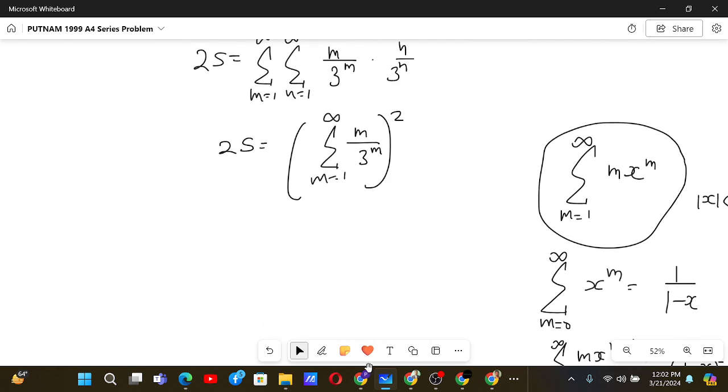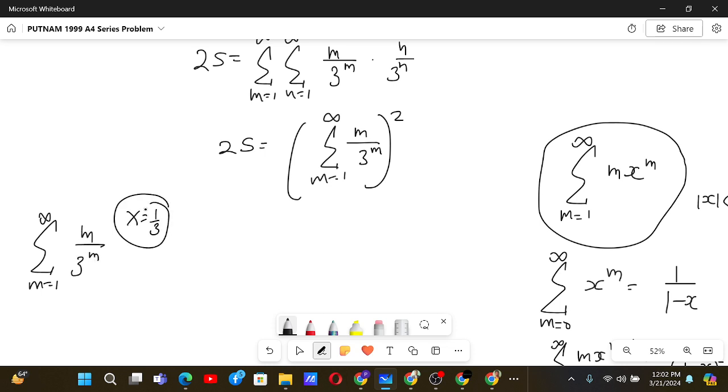So this sum, m equals 1 to infinity of m by 3 to the power m, where x is 1 by 3, will be x by 1 minus x whole squared. x is 1 by 3, and 1 minus 1 by 3 is 2 by 3, so 2 by 3 whole squared is 4 by 9, and 1 by 3 over 4 by 9 is 9 by 12, which is 3 by 4.